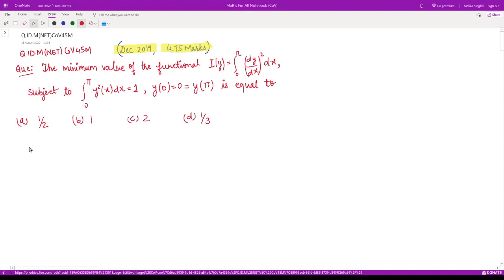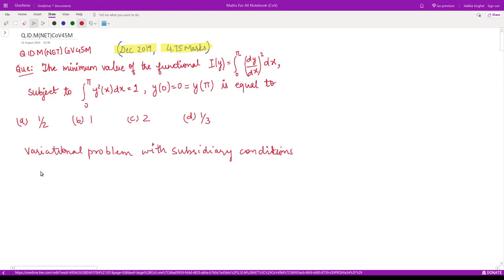So we know this is a variational problem with subsidiary conditions. So how do we solve such kind of problem?